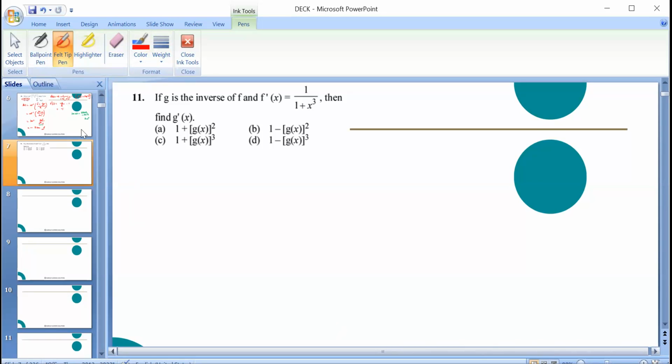Then g dash x is. So we know that there is a formula. g dash of x is 1 by f dash of g of x.